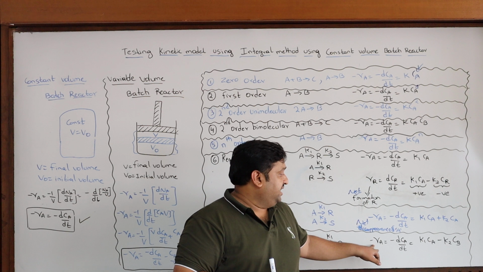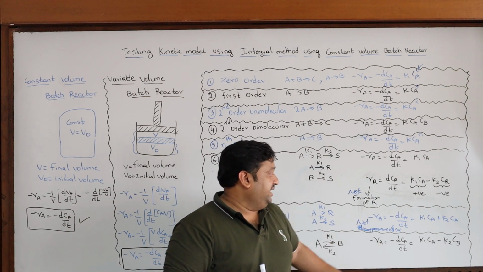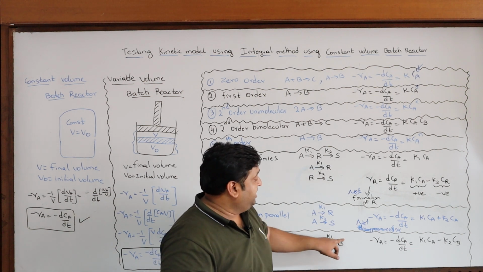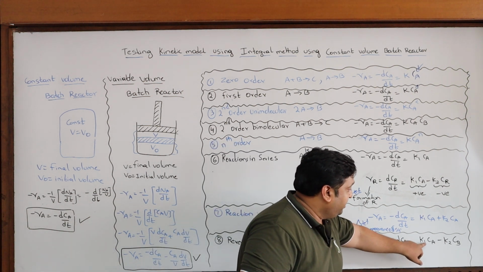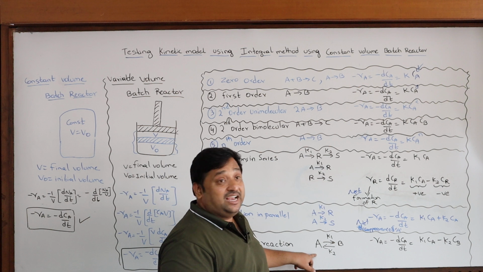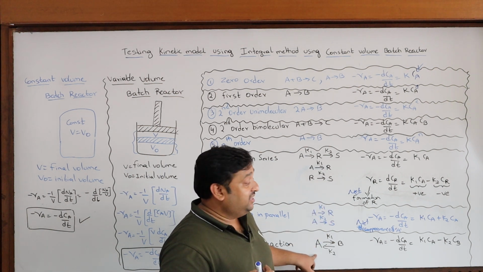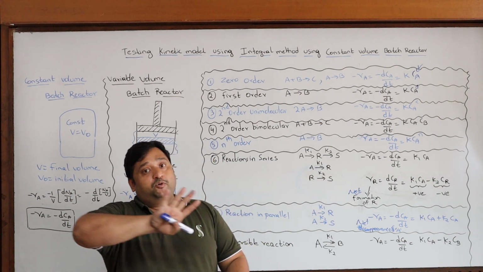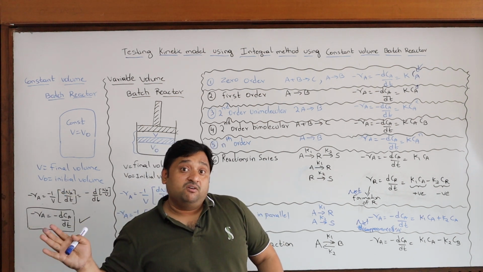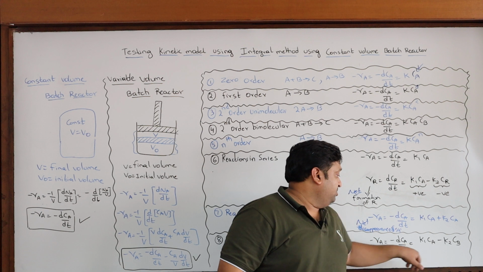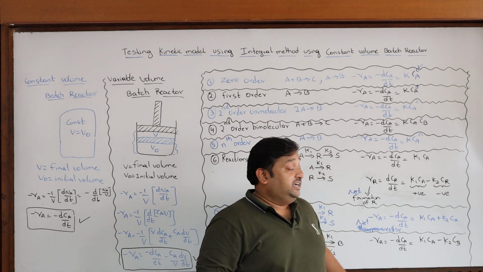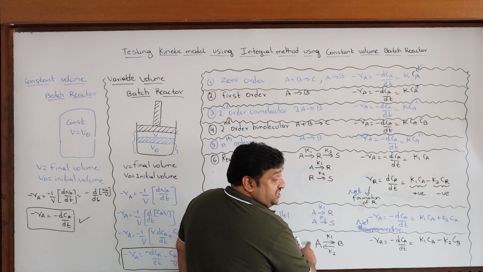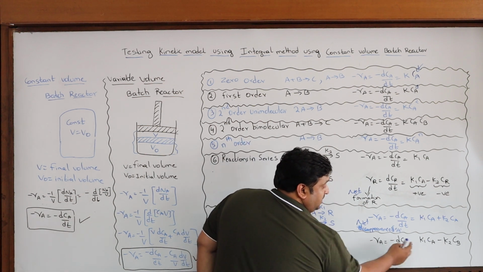In such cases, minus Ra equal to minus dCA by dt. Which one is the decomposing reaction? A gives rise to P, that is why it is positive K1 into Ca, and the second reaction is trying to form A, that is why it is minus K2 into Cb. Decompositions we keep with a minus symbol, because I have defined it in such a way. Disappearance of A is helped by the first reaction, that is why it is positive.